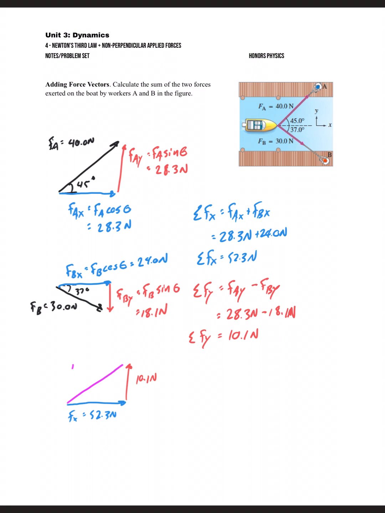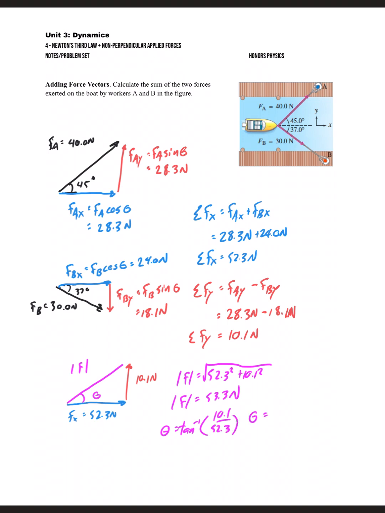To find the magnitude of F is the Pythagorean theorem. So 52.3 squared plus 10.1 squared, take the square root. So the magnitude of F is 53.3 newtons. We also need to figure out what the angle is. So the angle is the inverse tangent of the y chunk over the x chunk.